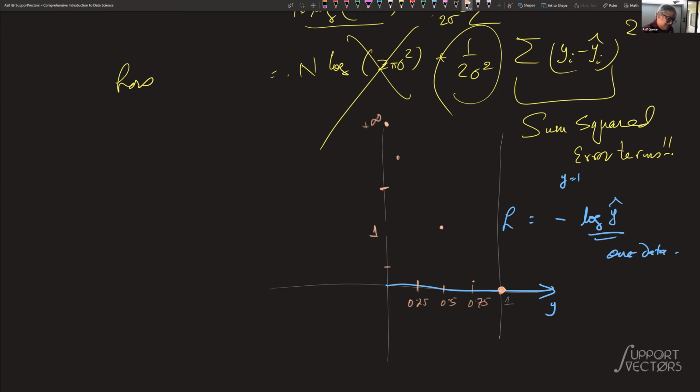So what do you notice, guys? This function goes like this, isn't it? In fact, if you plot it out, the log looks like this. I will exaggerate the shape a little so that it doesn't look like a straight line. The shape is rising up like this to infinity.